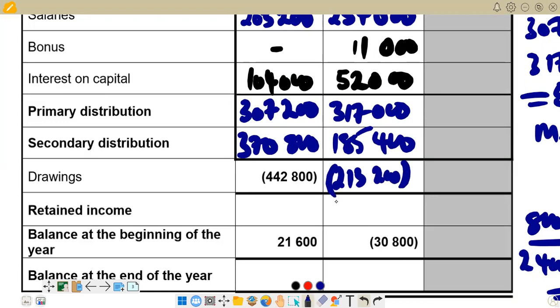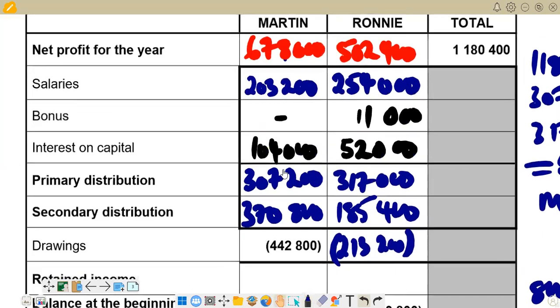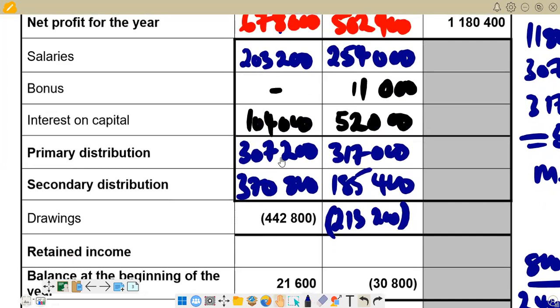When you subtract here, then we are now on retained income. To get the figure for retained income, we say net profit for the year, remember it's this one, and then we subtract the figure for drawings, and then we get the figure for retained income.